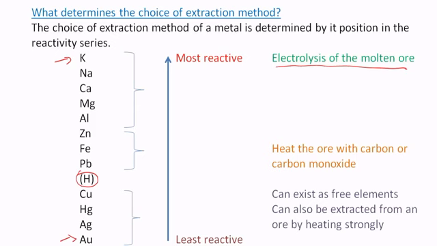At the bottom, the least reactive, these elements can exist as free elements, meaning that you can just be mining and you can extract gold, or it can also be extracted from the ore by heating strongly. And anywhere in the middle of the reactivity series, we have to heat the ore with a reducing agent, for example carbon or carbon monoxide. Alright, so just remember that the position in the reactivity series is what determines the method of extraction.